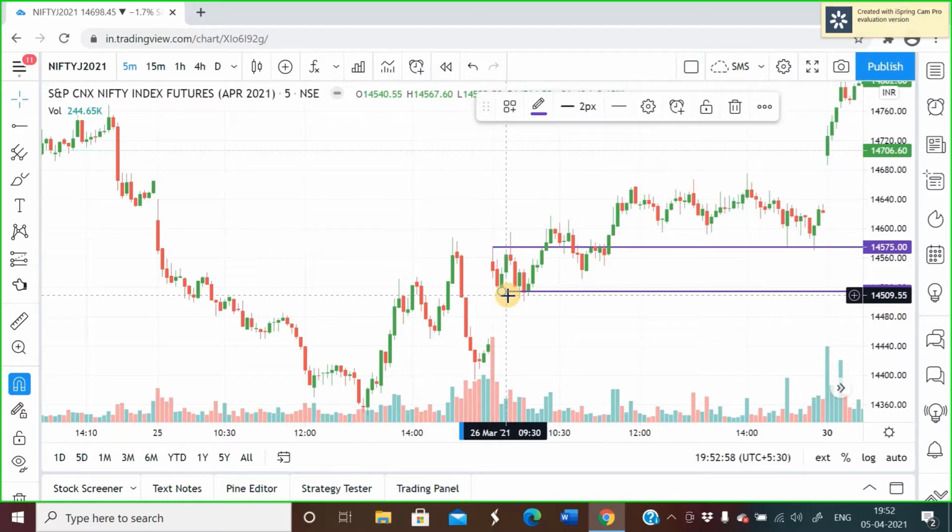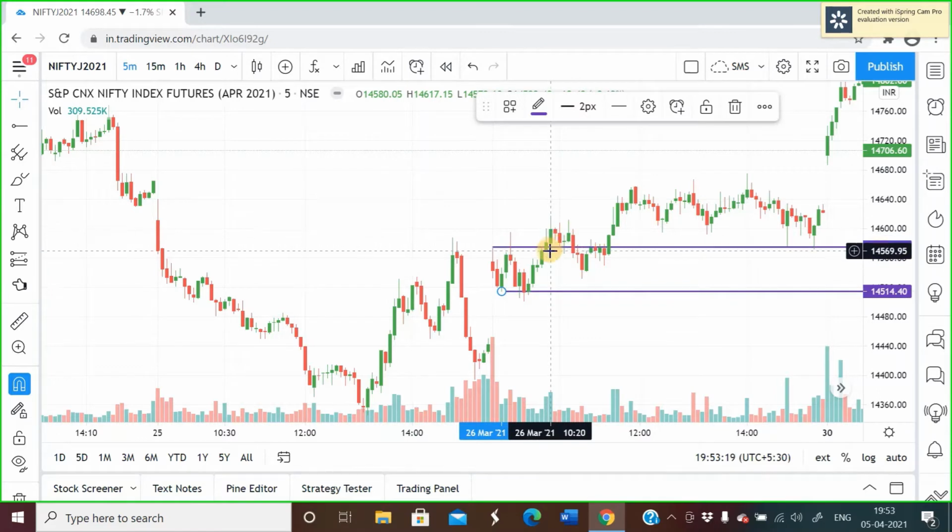Once that is done, what you should be looking for is any close, again repeating it, any close, not the wicks, that happens above this line or below this line. These lines are nothing but the high and low of the first 15 minutes.